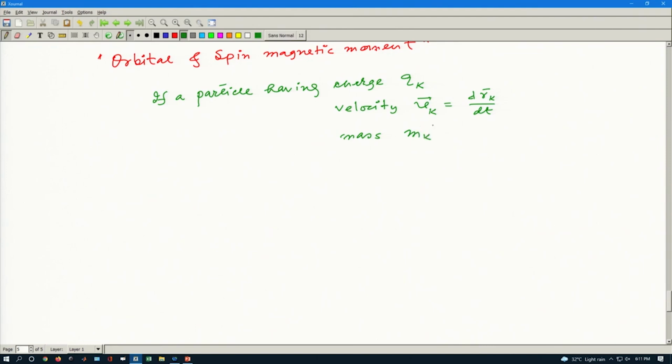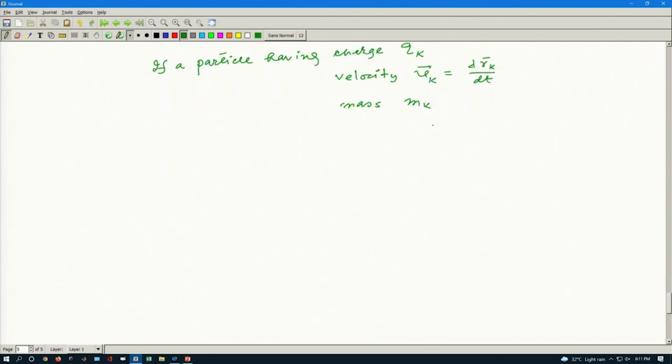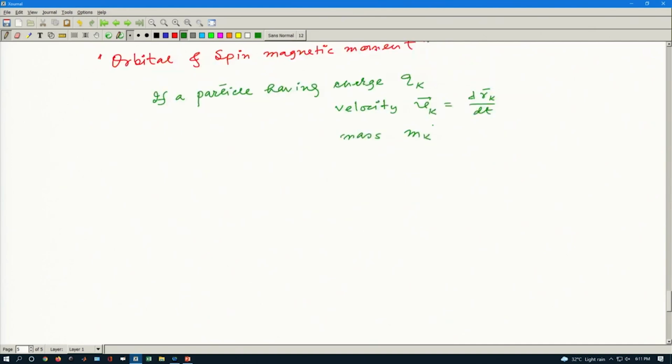The associated current density, if that is the case, so if a charged particle q is there, then the velocity is this and mass is m k.